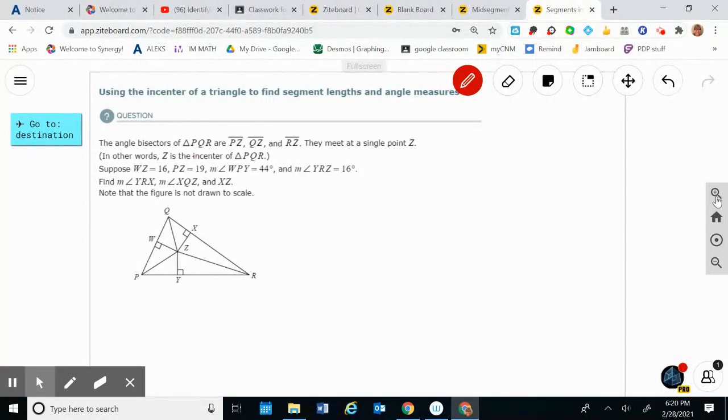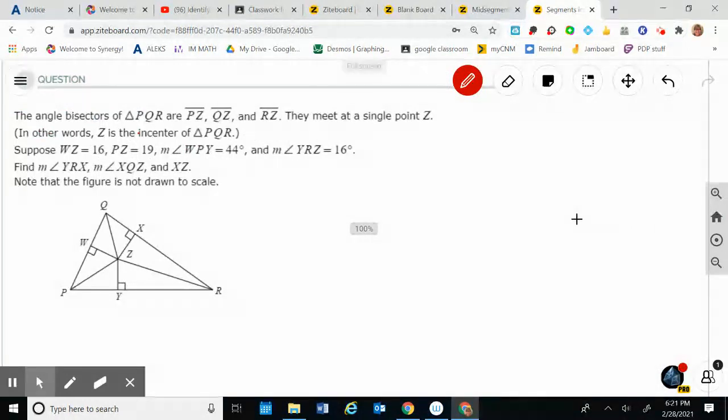Okay, not sure why that went to 60%, but there we go. The angle bisectors of PQR. What they're telling you is they just constructed the angle bisectors. So what I can do is write in here.